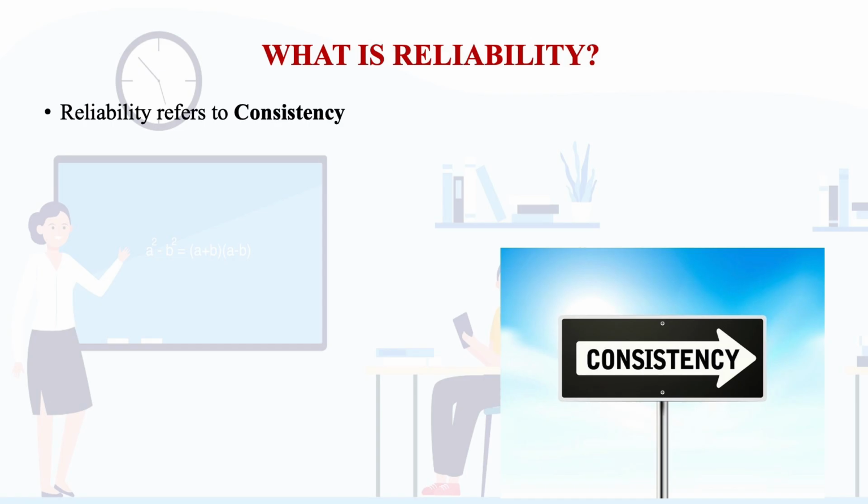To understand the concept of reliability, we can say that reliability refers to consistency, meaning a tool or a test that always gives us a consistent result, a faithful result, a dependable result, a stable result, or when we predict the result of the test, we can also say that this is a reliable test.